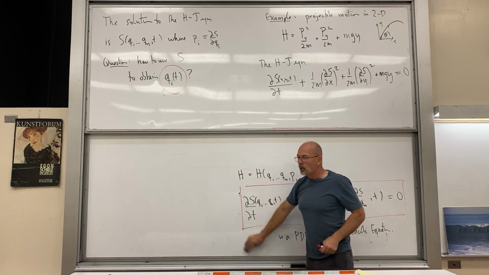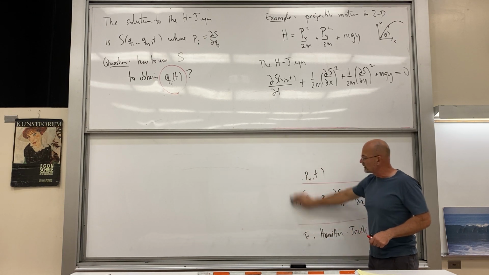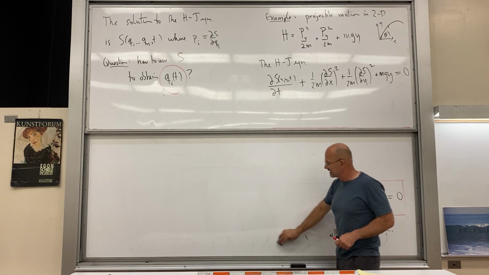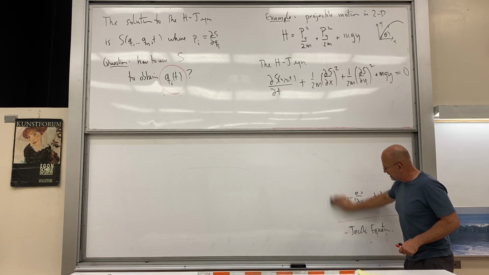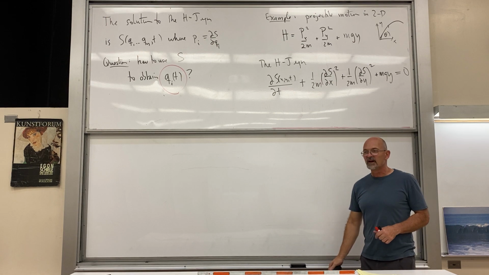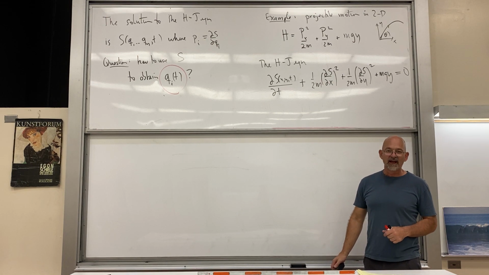Maupertuis was Euler's boss at the court of Frederick the Great back in the 18th century. And he came up with some of these variational principles in a really vague way.